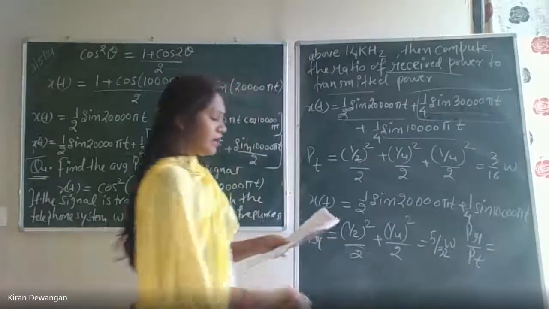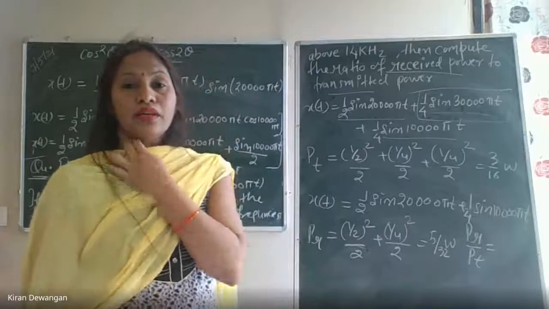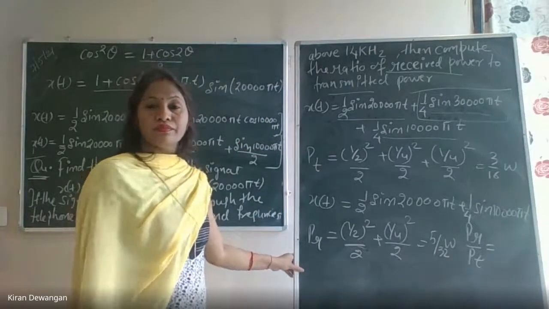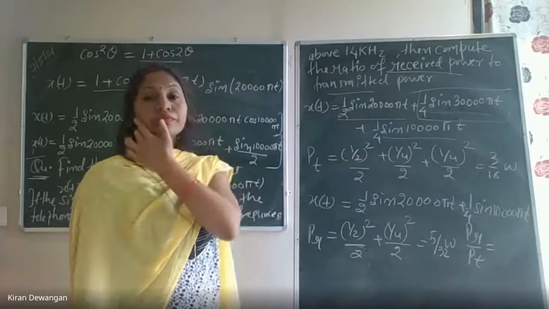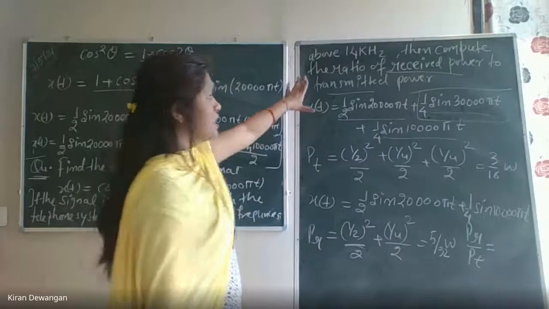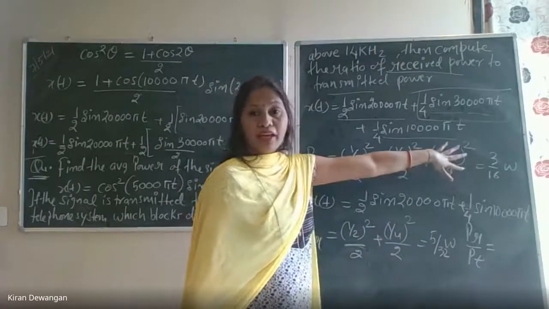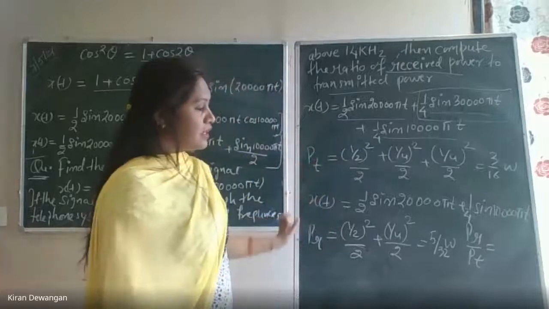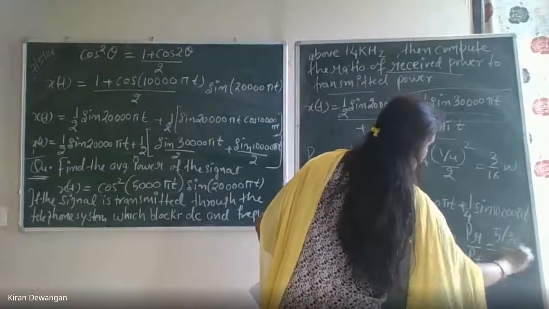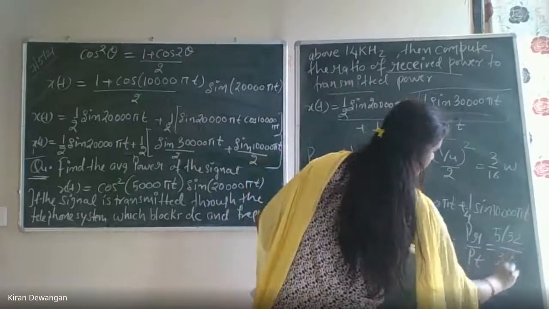ये कितना आ रहा है? PR by PT. If I have to take the received power to transmitted power, what is the ratio? Tell me fast, what is the ratio of this one? The received power is 5 by 32 and that one is 3 by 16. If I take the ratio of it, that is 5 by 32 by this one, received power by transmitted power.